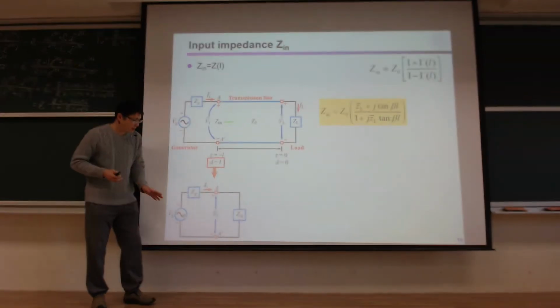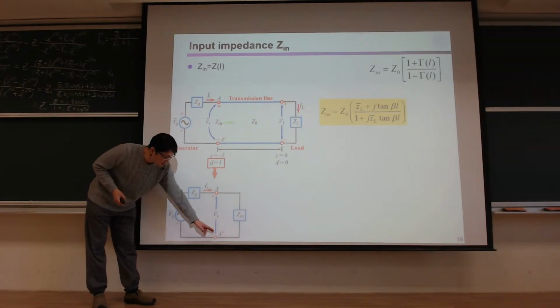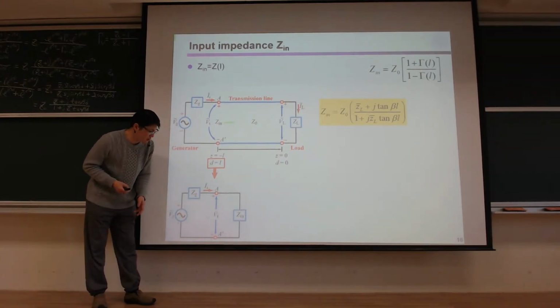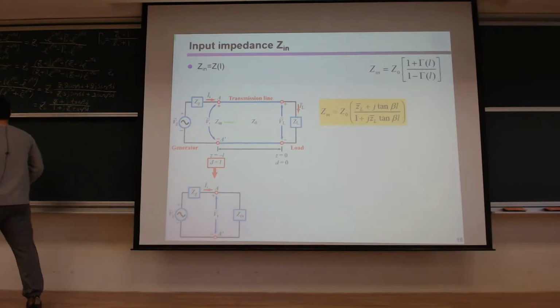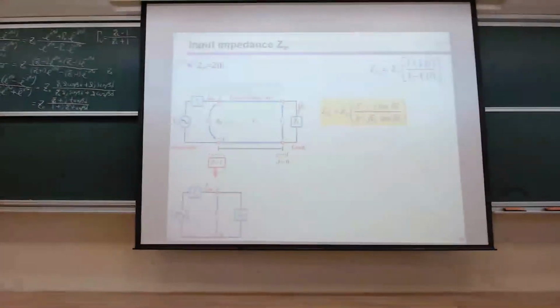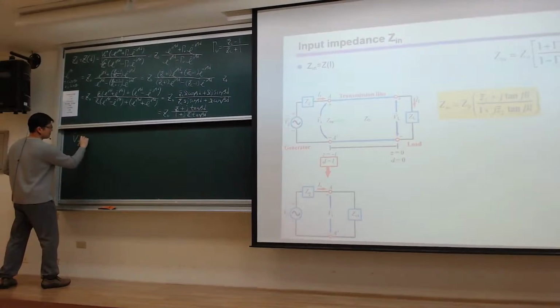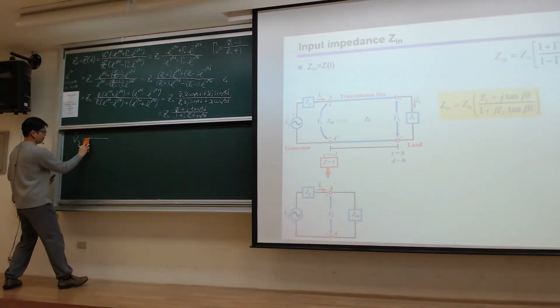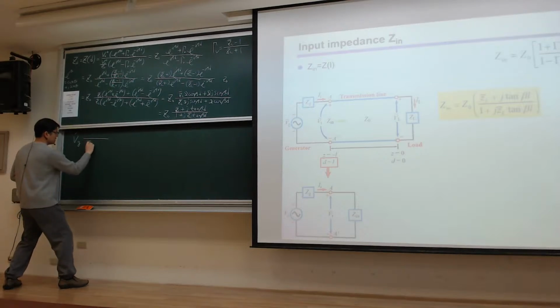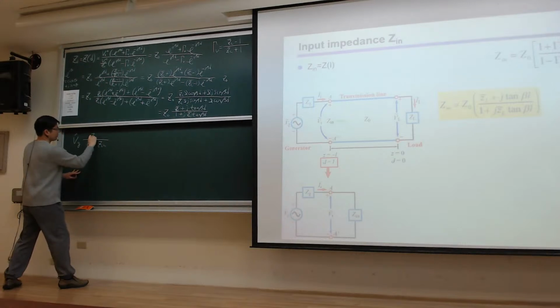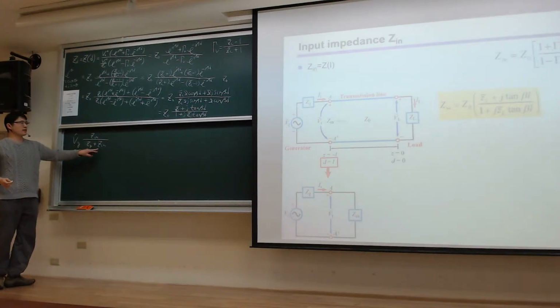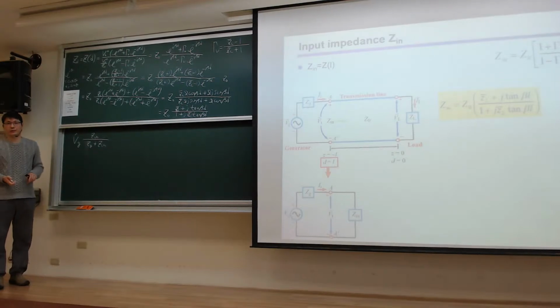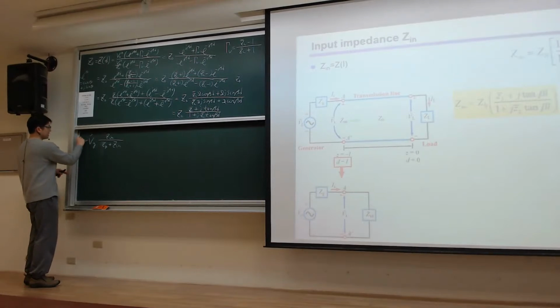So the voltage distributed over this input impedance is VG times voltage division, which is ZIN over ZG plus ZIN, proportional to how big the impedance is, right? So this is my VIN.